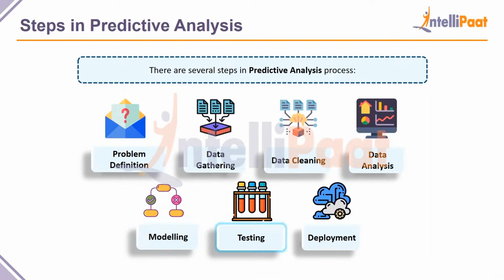Then comes testing. The model that we have created may or may not perform correctly. To check whether it's performing up to a satisfactory level, we set aside some data for testing. That data set is something that the model has not seen in its training phase. We already know the output that the data should produce, and we give it to the model.